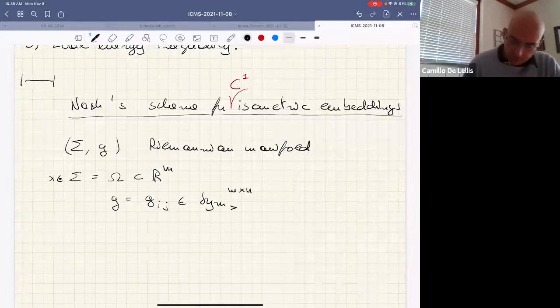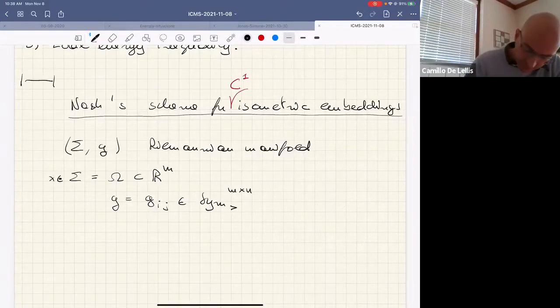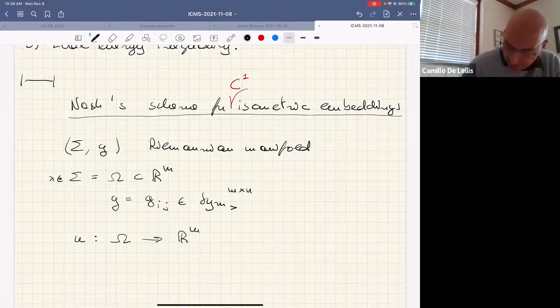Okay, and what do I want to reach? I want to reach an isometric embedding. So in the language of differential geometry, this would mean that I want a map u from Ω going into R^(m+2), but I don't want to focus too much on this exponent over here.